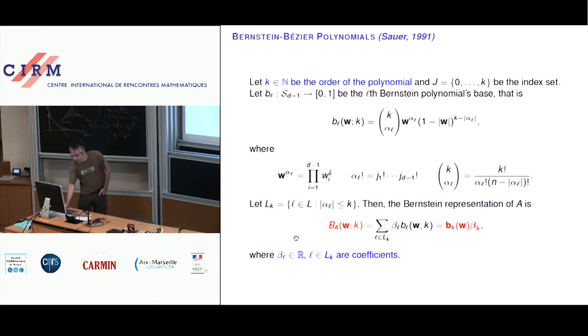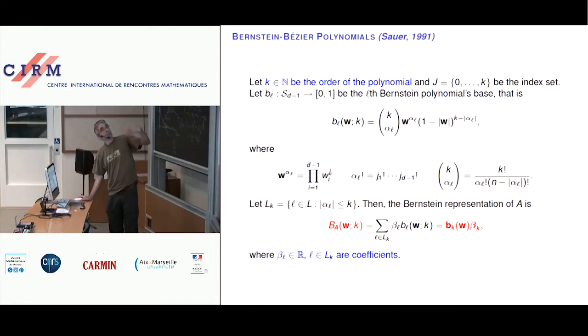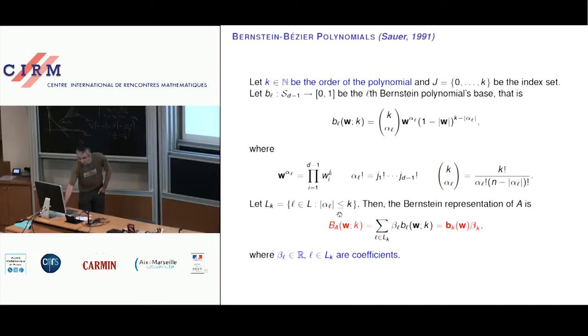So here, if you have never seen Bernstein polynomials, for example, in the case of d equals 2, this is close to a binomial distribution. In fact, it's a binomial distribution. So you can extend it to the multivariate dimension, and you have this formula here. What's important for us is B_A, with A being our Pickands function we want to estimate.